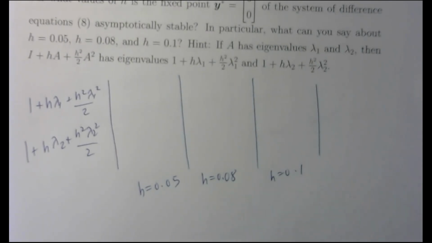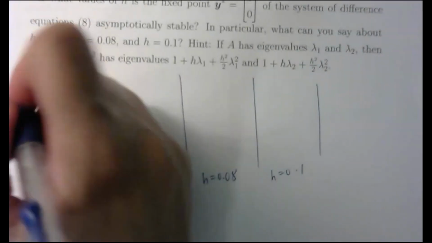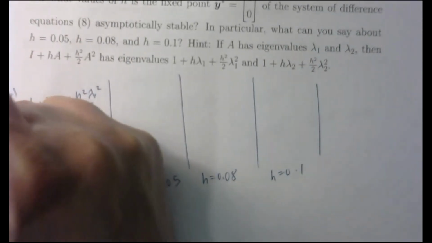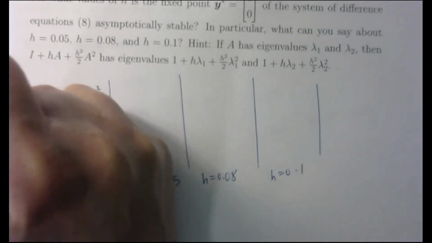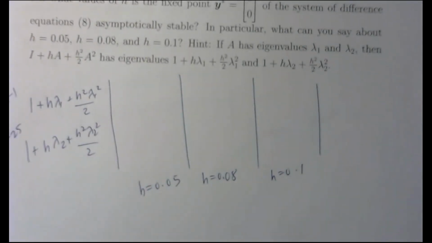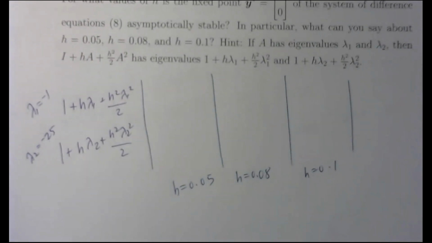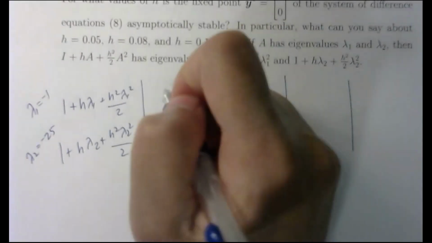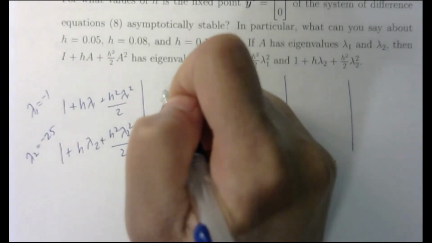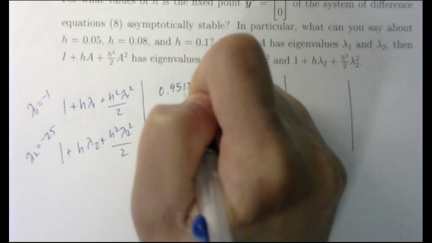Okay, so again, lambda 1 is -1 and lambda 2 is minus 25. In that case, when h is 0.05, I have 0.9512.